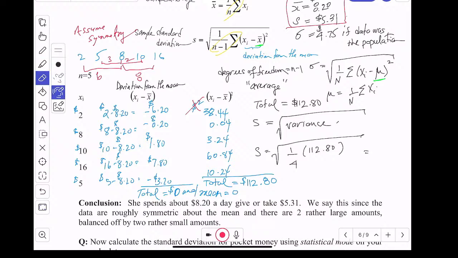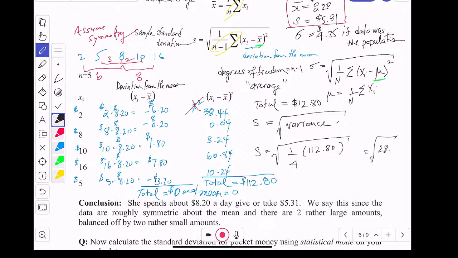So what do you get? You get in brackets under the root 28.2, and then when you take the square root, you can now put the dollar sign and call it 5.31.